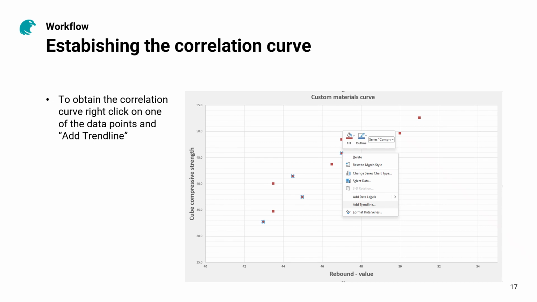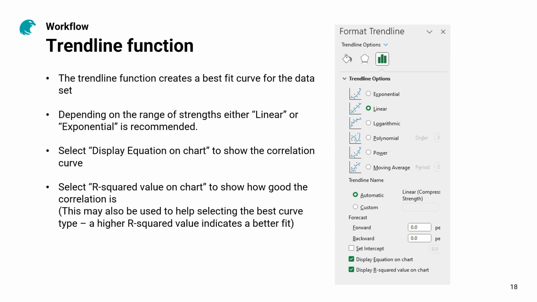In order to obtain the correlation curve using Excel, we right-click on one of the data points and then add trend line. The trend line function creates a best fit curve for the data set.